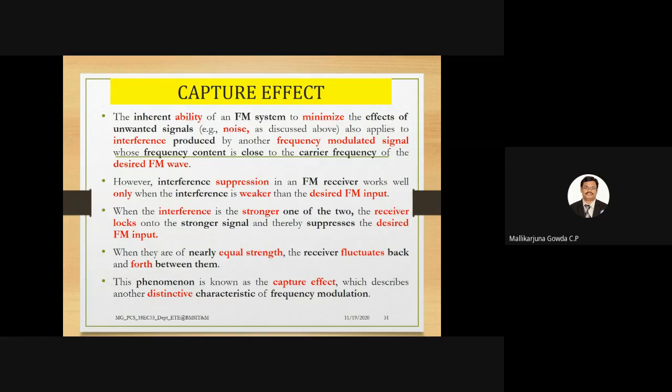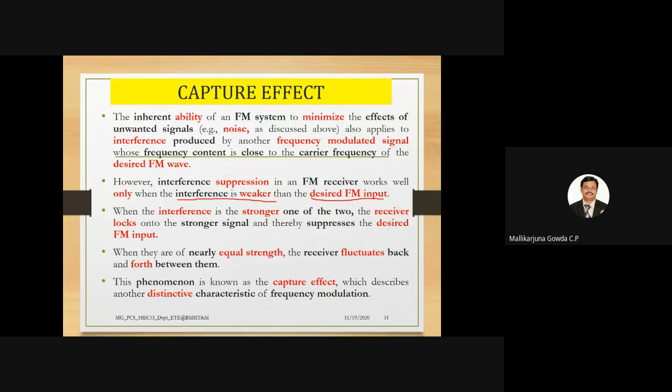The interference suppression in the FM receiver also works very well, okay? But only when the interference is weaker than the desired FM input. This is the important thing. When the interference is weaker than the desired FM signal, it will be the same as the noise effect. But when the interference is stronger than the desired FM signal, then what happens?